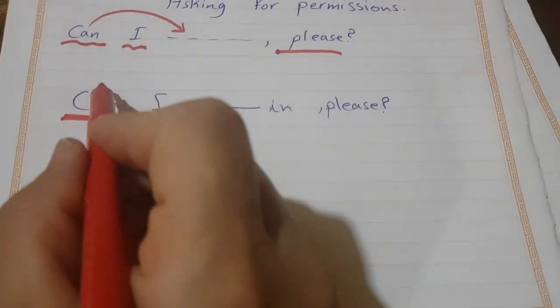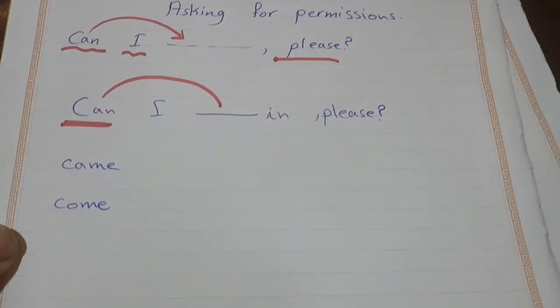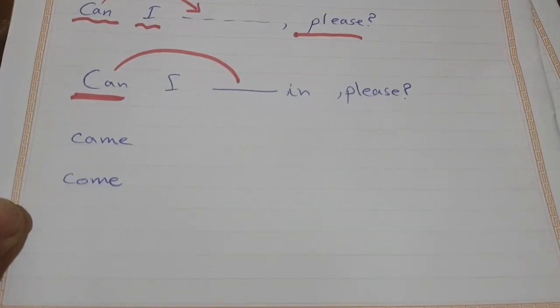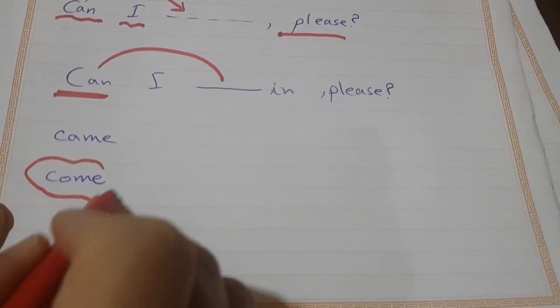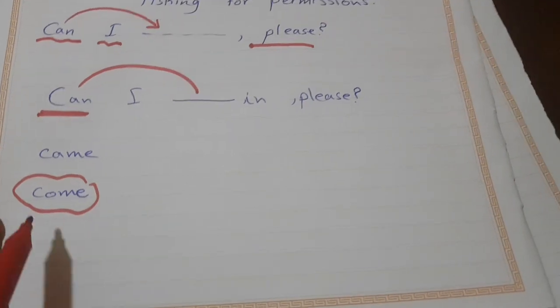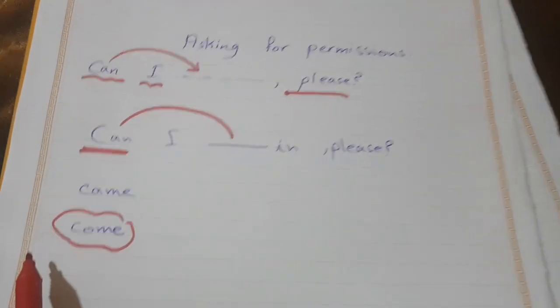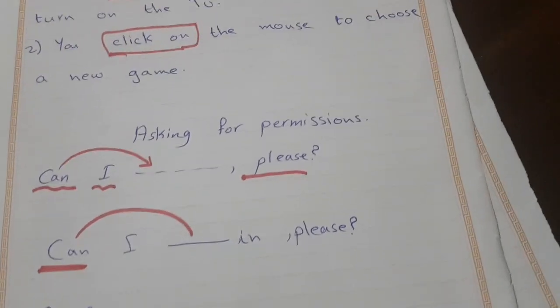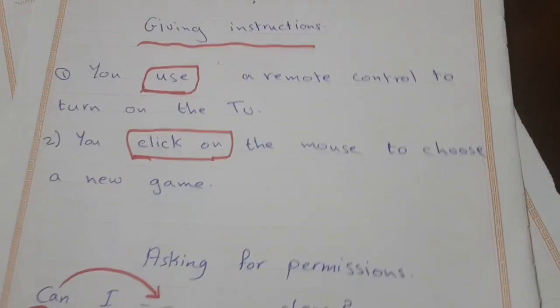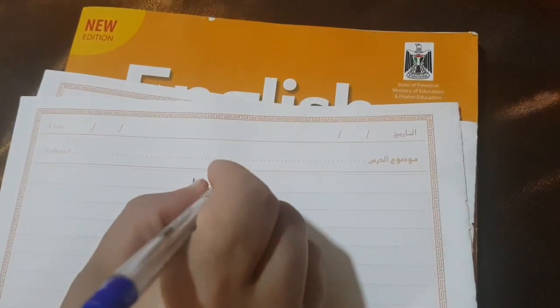I told you after can, the verb is infinitive, the same verb. Can I come? It's not correct to say can I came. No. Can I come in, please? This is Unit 16.